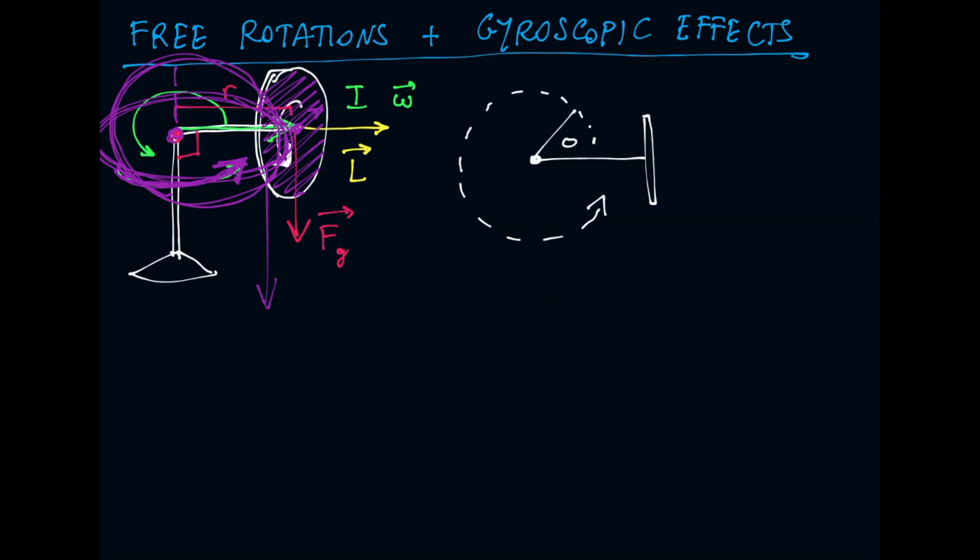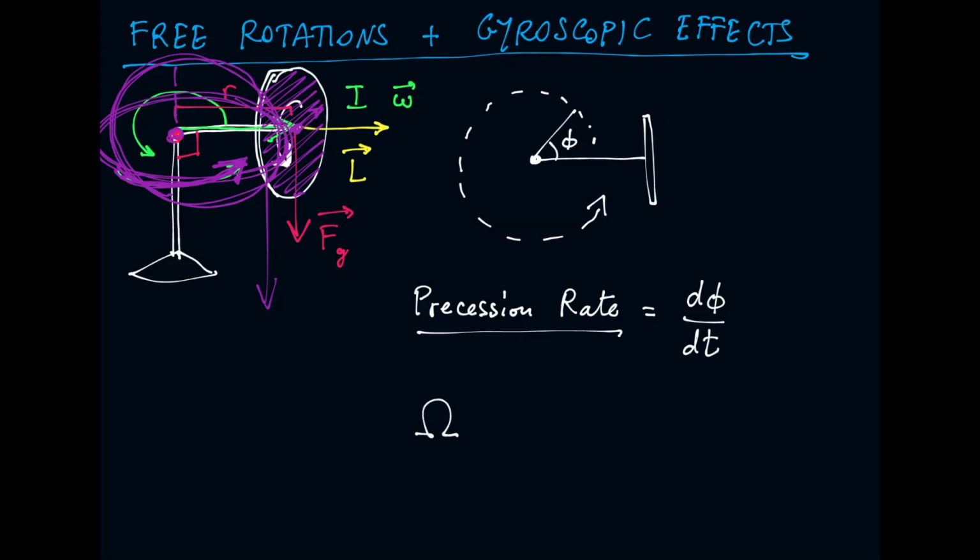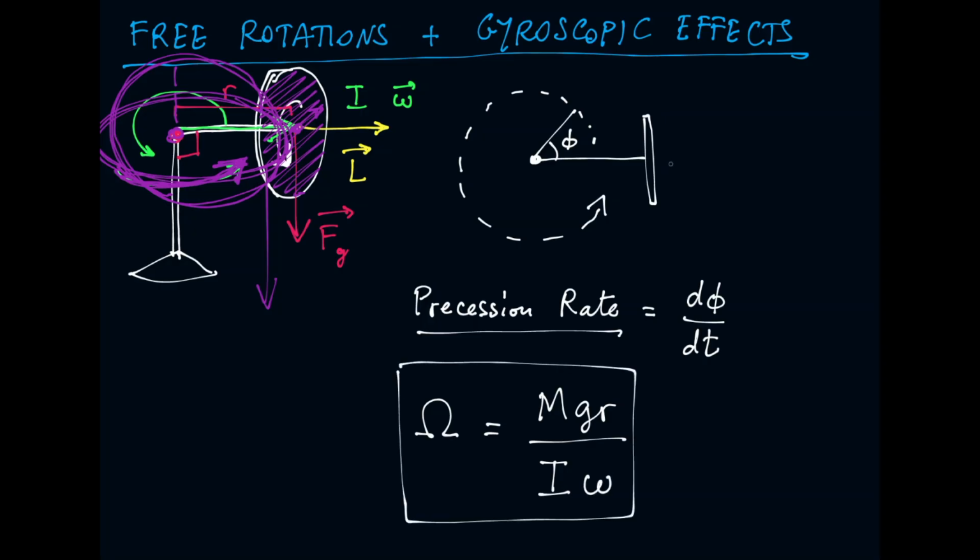And let's call phi this angle. You would find that the precession rate, namely the rate of change of this angle here, let's call it big omega, is none other than the torque divided by I times the spin rate of the wheel or the disc of the gyroscope.